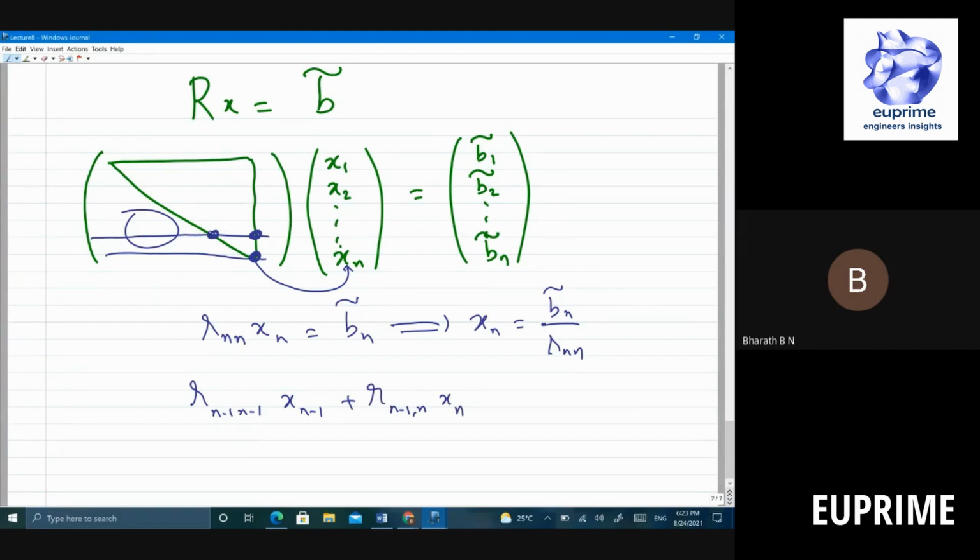That is equal to b(n-1) tilde. Now, how do you solve this?